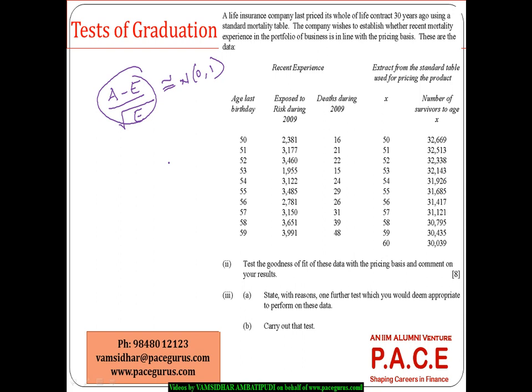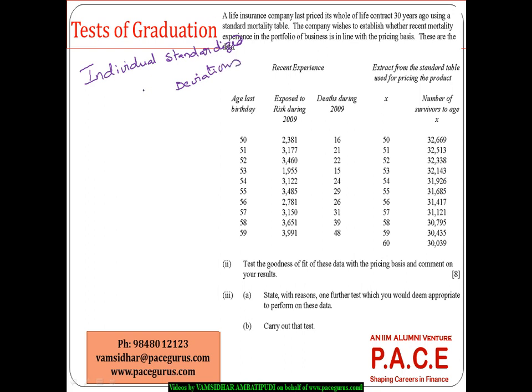In the same way, let's say I use another test, the individual standardized deviations test. Here we have a problem, because we expect each of these individual deviations to follow a standard normal distribution, mean 0, variance 1.